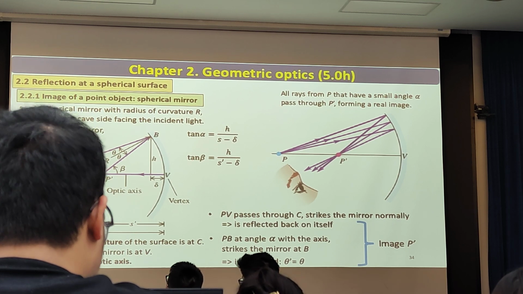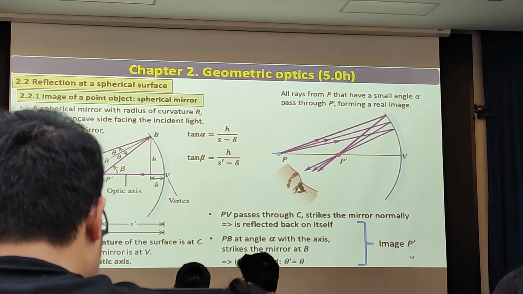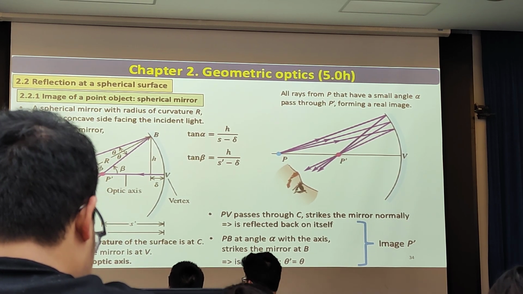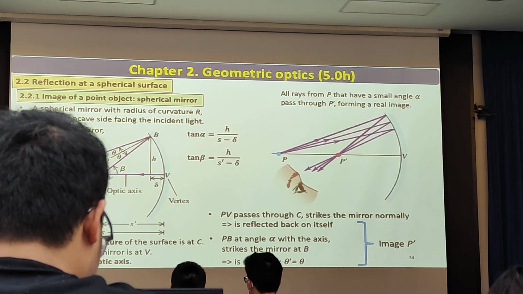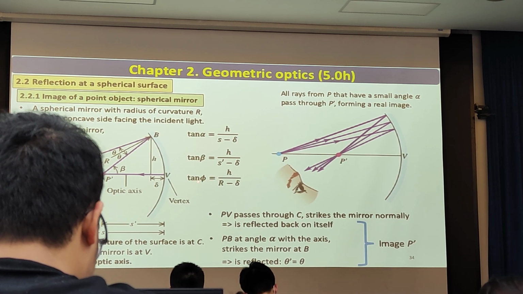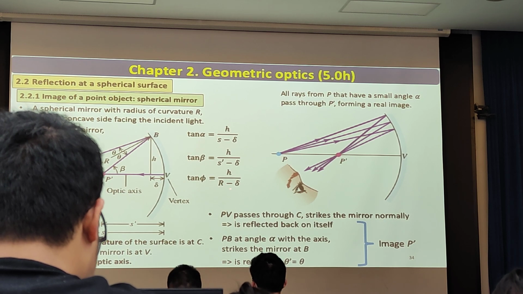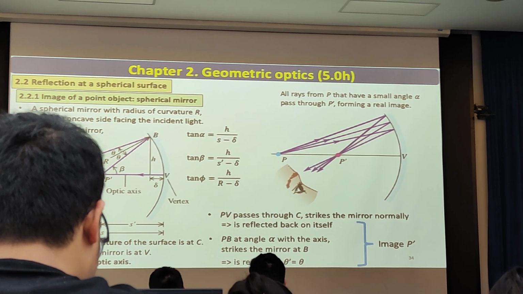H divided by R minus delta, because you have CV minus this delta, right? I agree. So tangent of phi equals H divided by R minus delta.